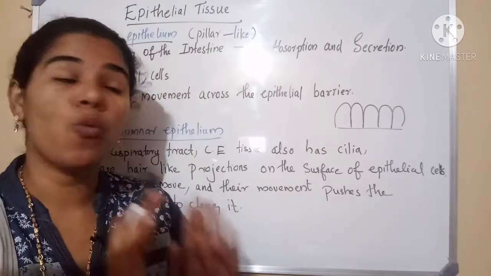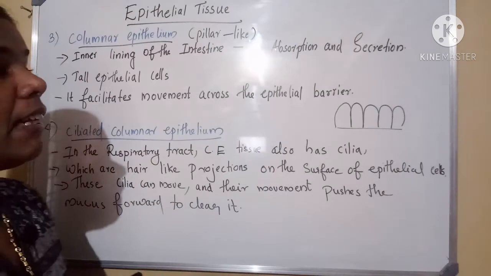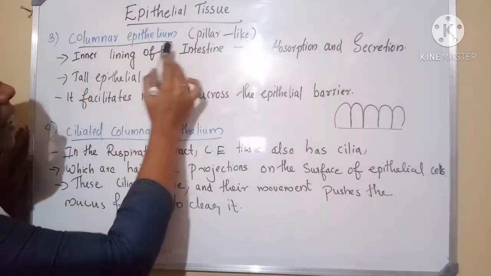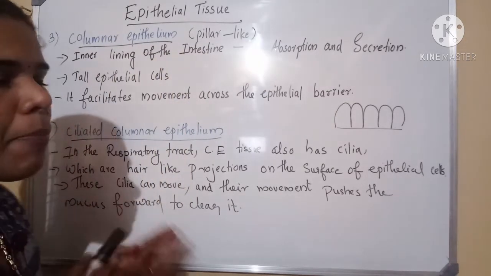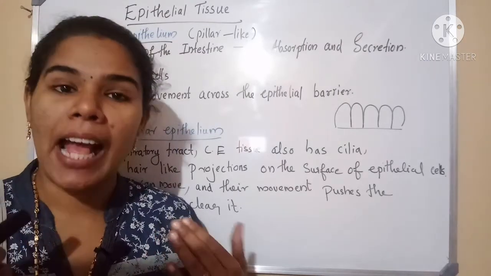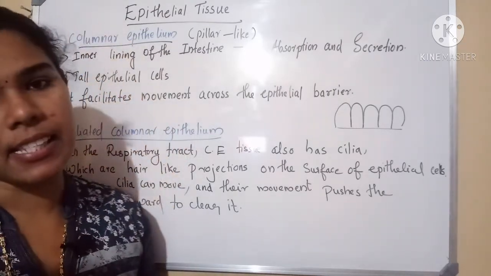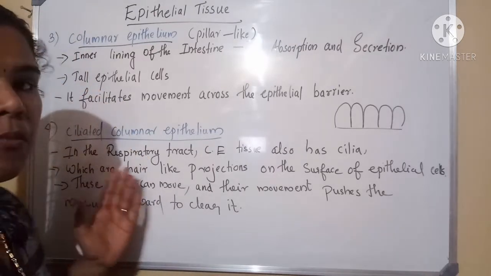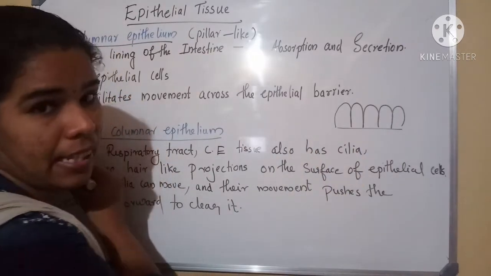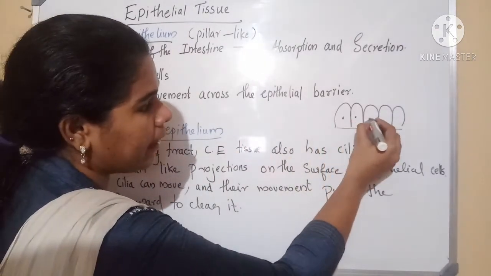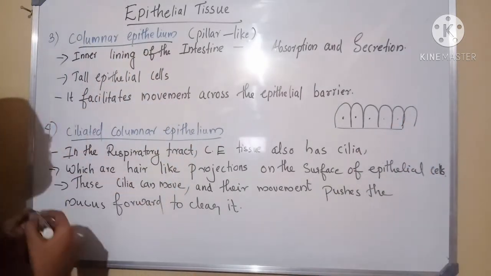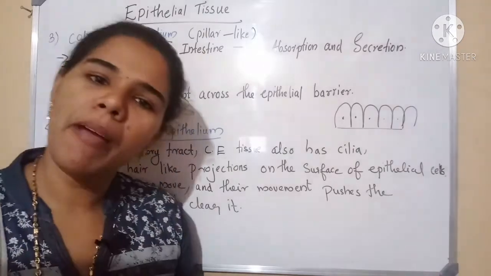So the columnar epithelium is mainly present in the inner lining of the intestine, and it helps in absorption and secretion. It is a comparatively tall epithelial cell, and it facilitates movement across the epithelial barrier.